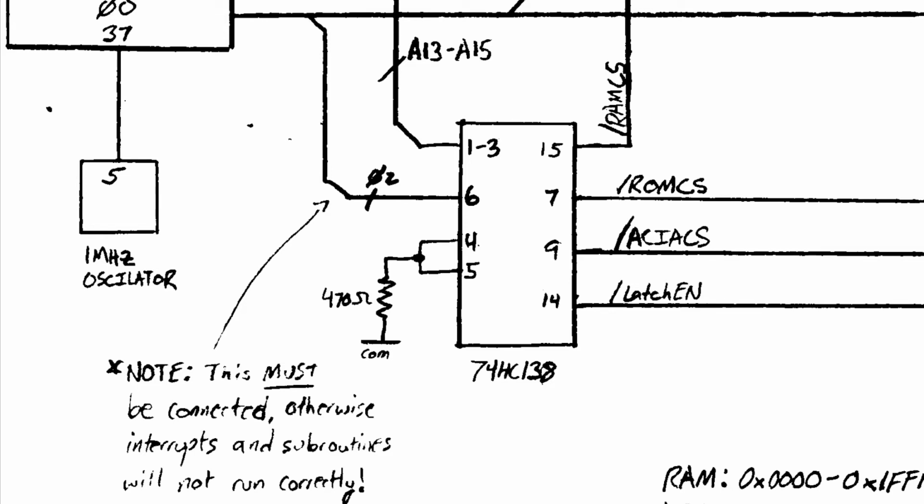Originally, I just had this pulled up to VCC through a 4.7K resistor, but I was having problems whenever I jumped to a subroutine and tried returning from it. The processor would always fetch the correct low byte of the return address, but the high byte was never correct, and this took quite a bit of debugging to figure out what was going on.